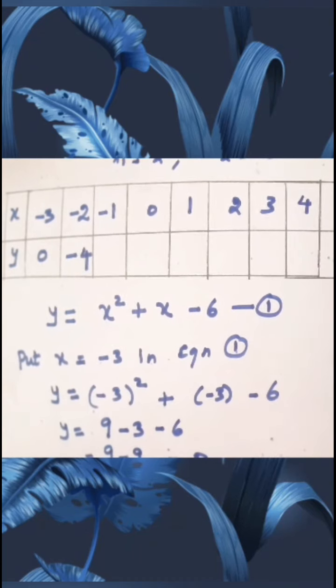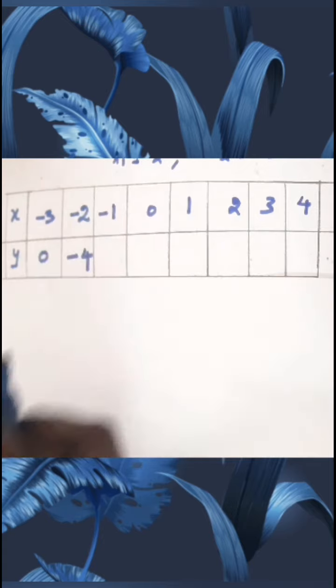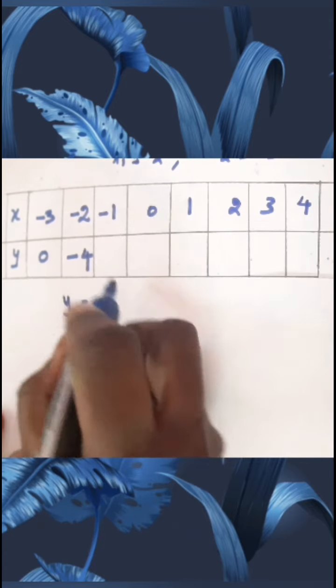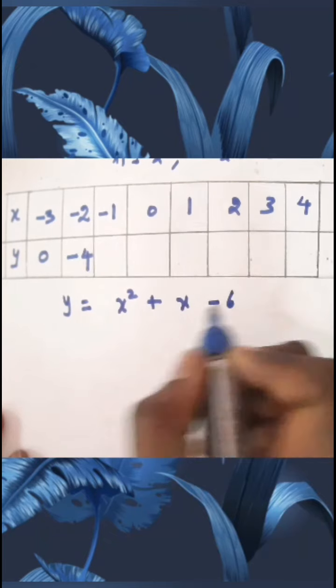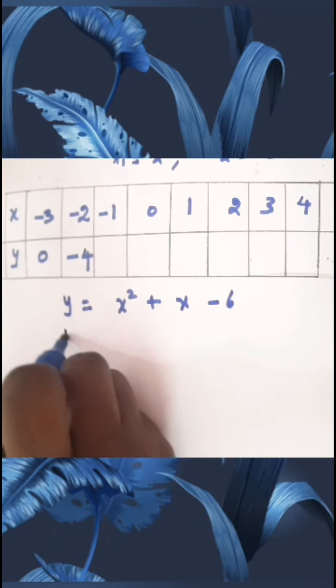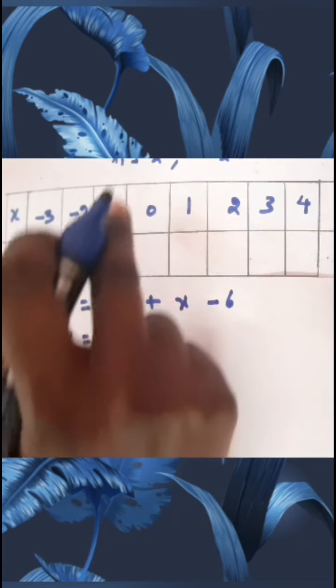Okay, similarly, I'm going to find the other values too. I'll solve one or two values, and the remaining you can do. Okay, students. Next, we'll find when x is equal to negative 1. What is the given equation actually? x square plus x minus 6. So y is equal to, I'm going to put x is equal to negative 1.